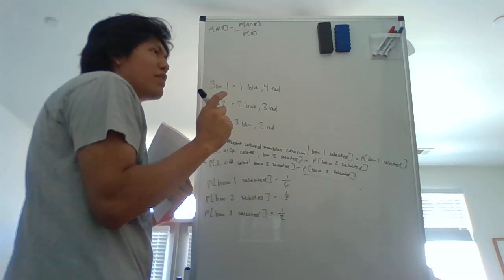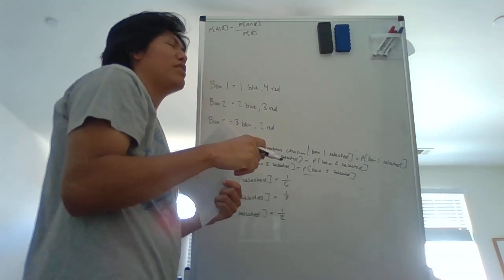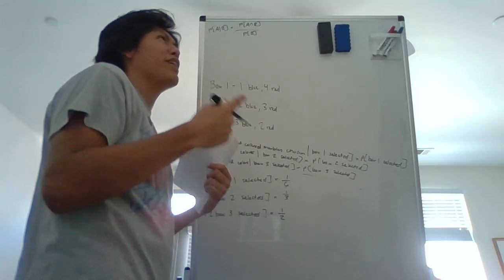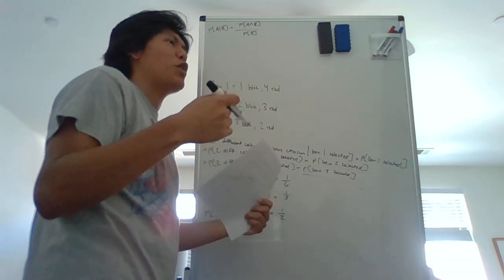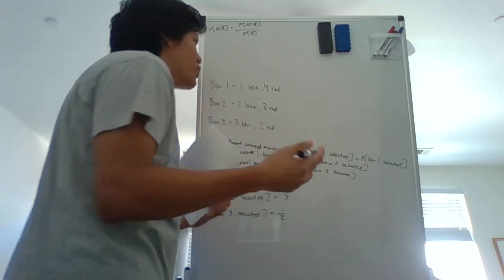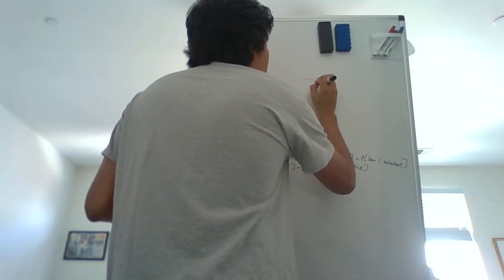Our denominator would be the 5 choose 2, because that's how many total ways we can select 2 marbles without any restriction like one needs to be red, one needs to be blue, or whatever. Alright, so 5 choose 2.